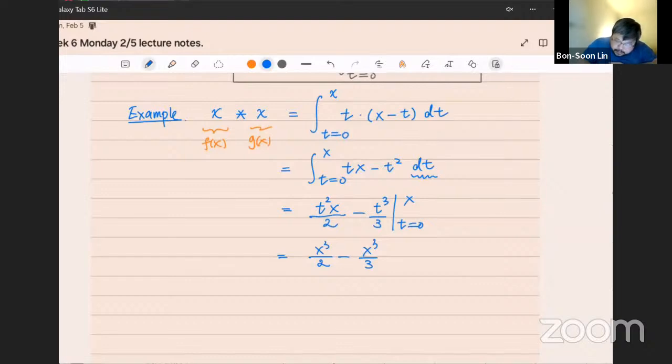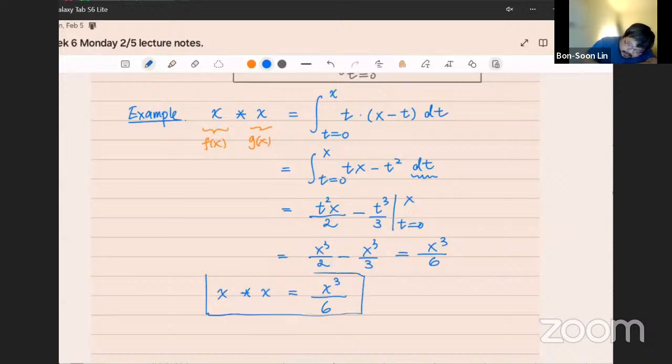When I plug in t equal to 0, everything is just 0. So this is x cubed over 2 minus x cubed over 3, which is x cubed over 6, right? 1/2 minus 1/3 is 1/6. So x star x, obviously, it's not quite clear why, is x cubed over 6. Do you see? It's not x times x, it's not x squared, it's x cubed over 6.